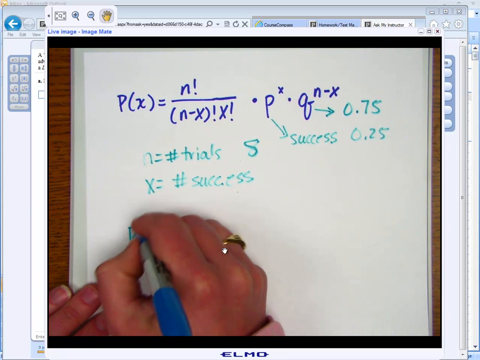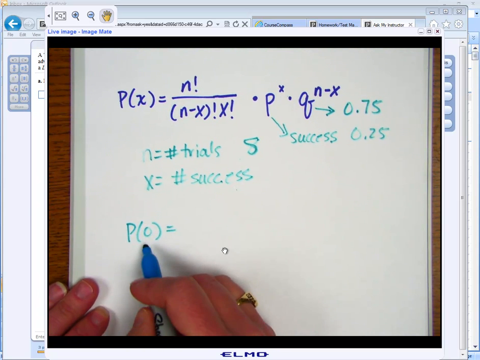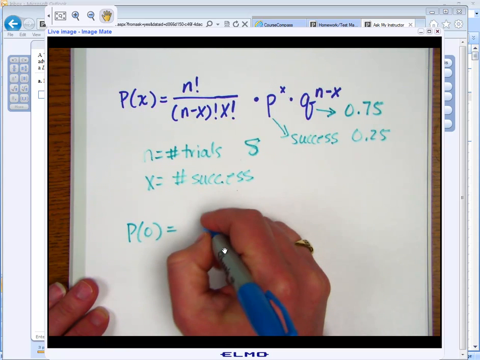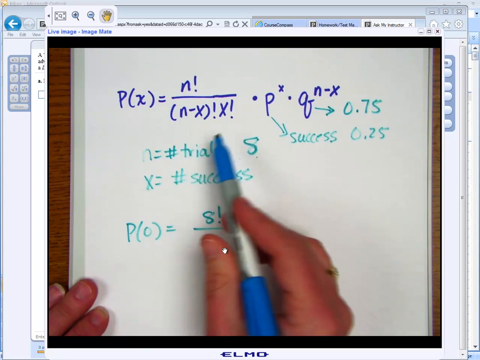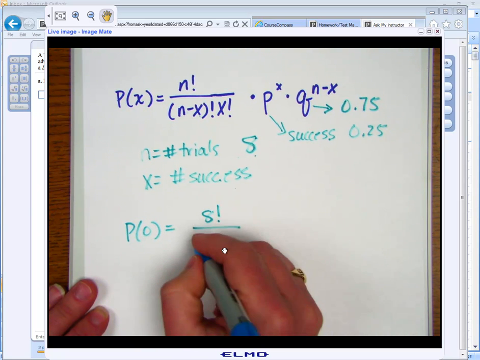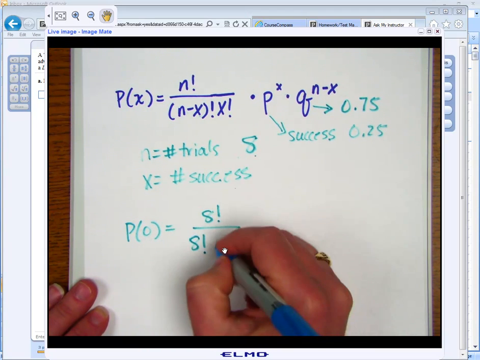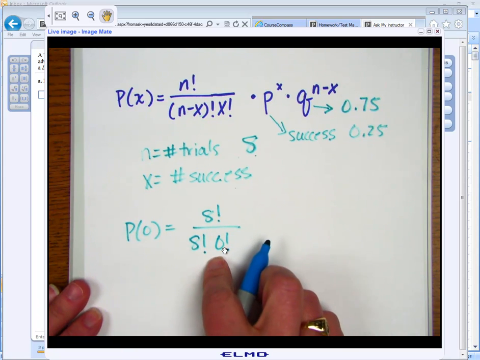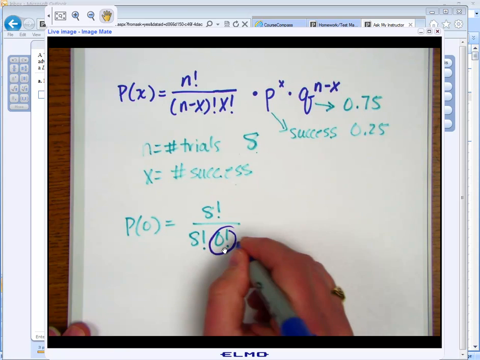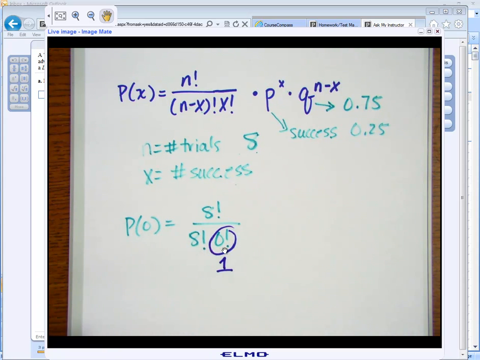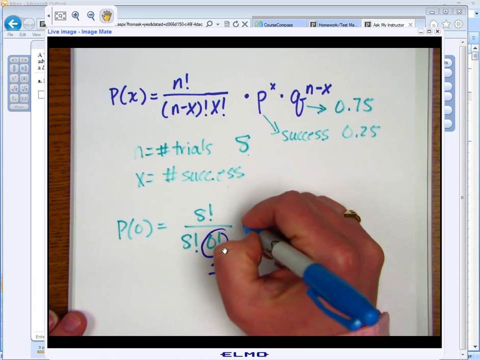So the probability of 0 successes would be 8 factorial, because our N is 8. Number of successes is 0, so 8 minus 0 is 8 factorial. 0 factorial. Now 0 factorial is not 0, so keep that in mind. 0 factorial is actually equal to 1. So whenever you see 0 factorial, change it to 1.